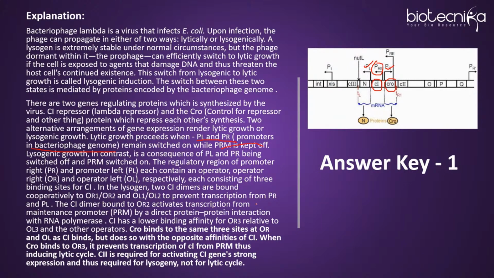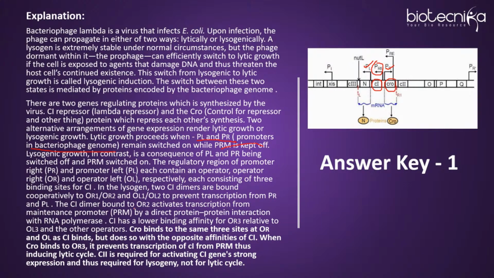And only if PR and PL get activated will the lytic phase take place, right? So when two C1 proteins are cooperatively bound to operators R1 and R2 and operators L1 and L2, it prevents transcription from the left and right promoters.